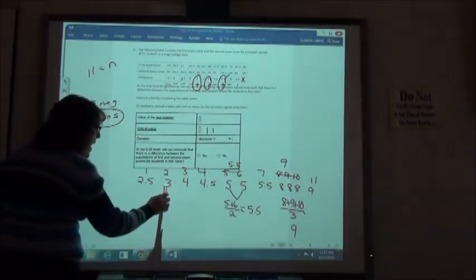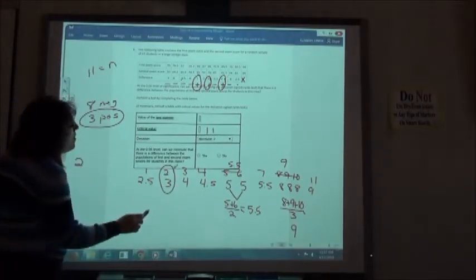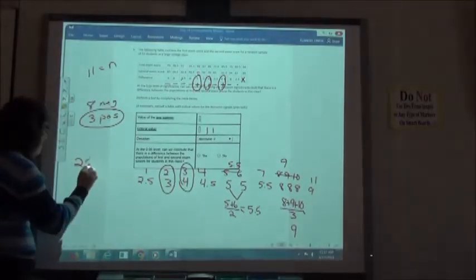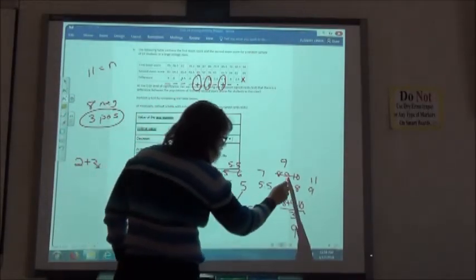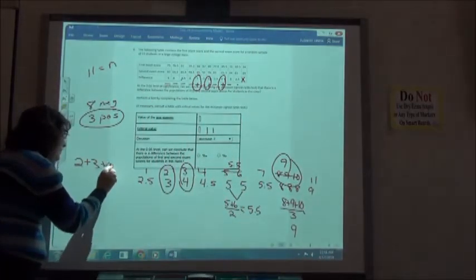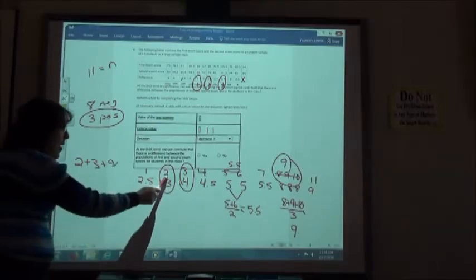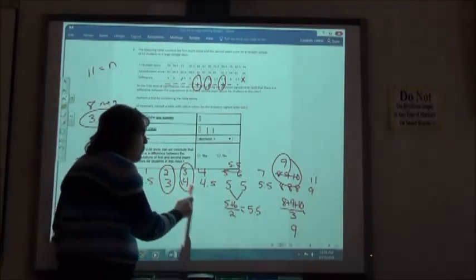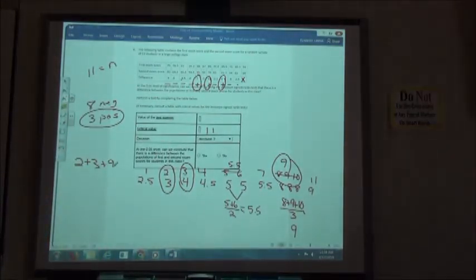So 3 had a rank of 2, 4 had a rank of 3, and 9, on this list, had a rank of 9. So the value for my test statistic, the rank of the 3 was 2, the rank of the 4 was 3, the rank of the 9 was 9. I'm going to add 2 plus 3 plus 9.